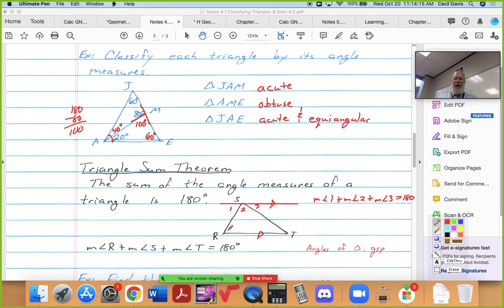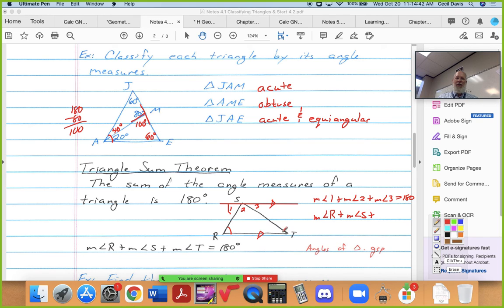What kind of angles are angle R and angle 1? Alternate interior. And since the lines are parallel, those are congruent. So I can substitute and replace the measure of angle 1 with the measure of angle R. And in the original, I could have called this angle angle S, right? So that's the measure of angle S.